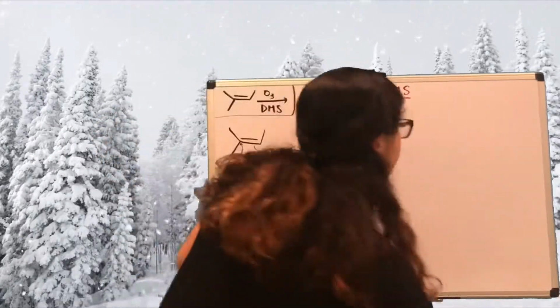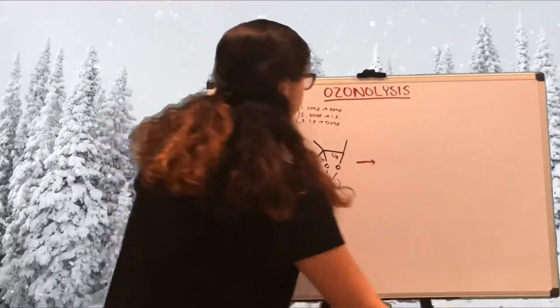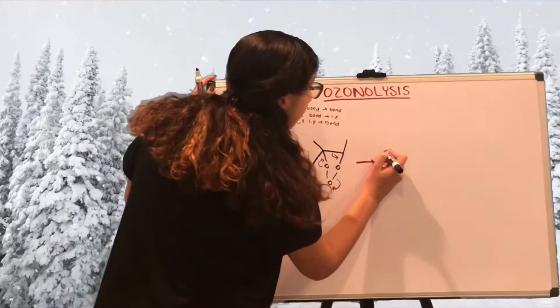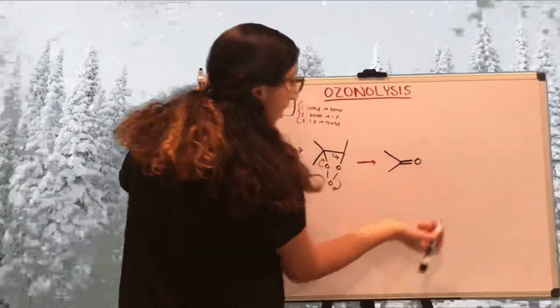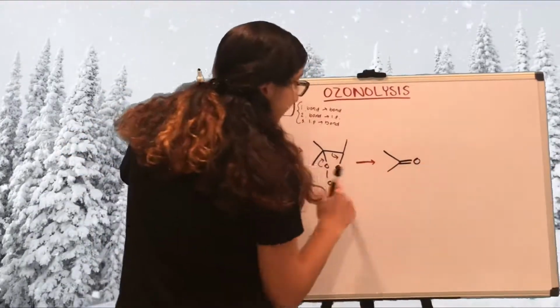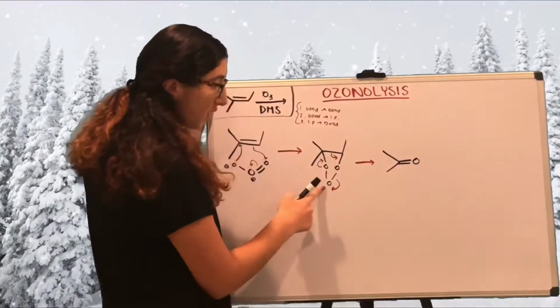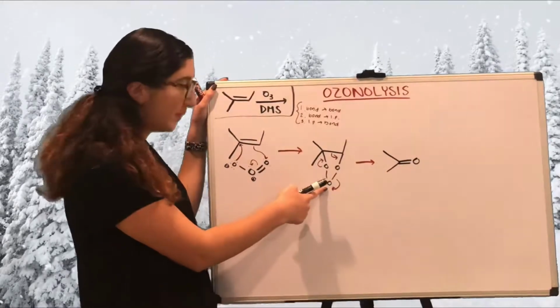I will do this in black, sorry. So this will be a doubly bound oxygen connected to this oxygen, which now has an extra lone pair.